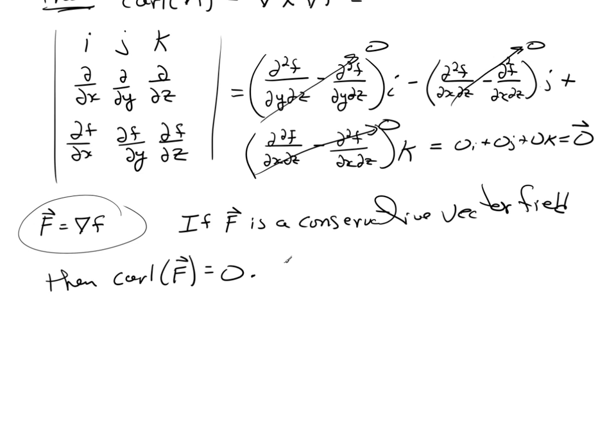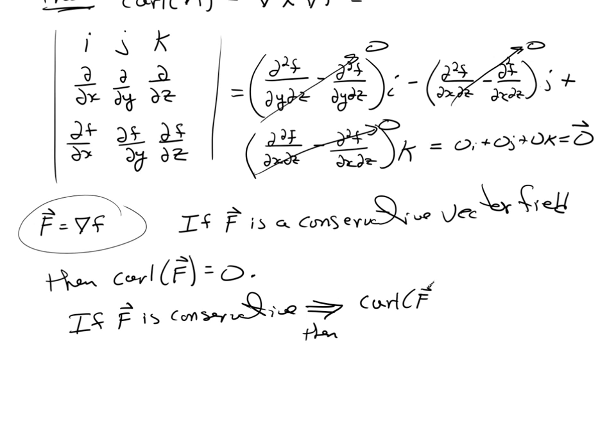Now, this tells us how to determine if a vector field is not conservative, but it does not tell us how to determine if a vector field is conservative. That's because this is a one-way implication. If F is conservative, then the curl of F equals 0. I can't come back and make the implication in this direction, at least not yet.